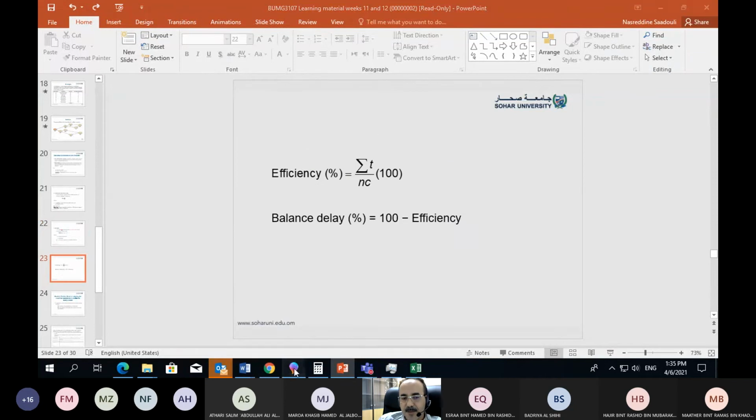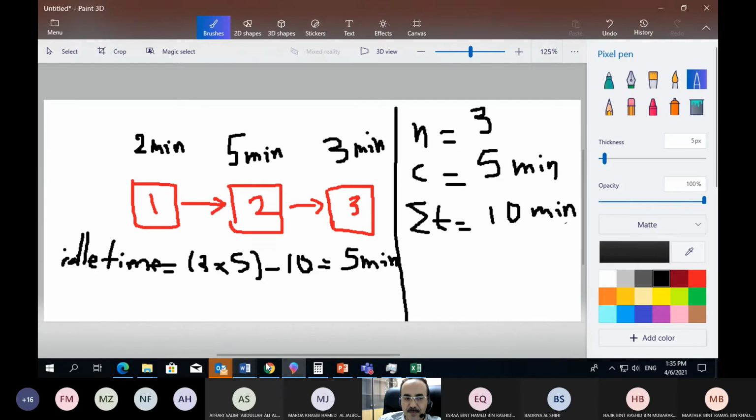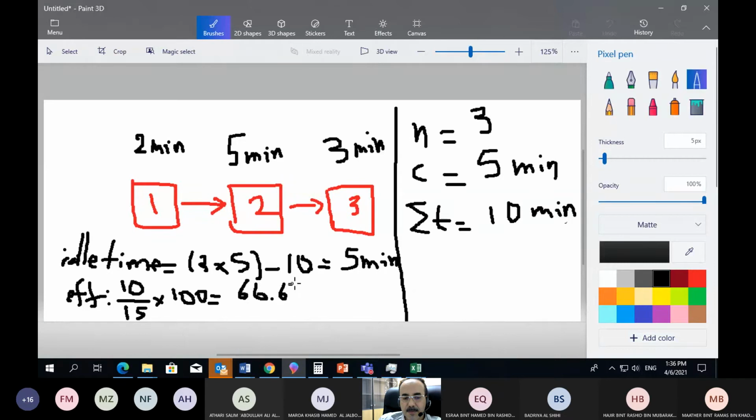The efficiency is the efficiency of the system. Using the values that we have in my example, it's the sum, which is 10, divided by n times c, which is 15, times 100. So this is 66.67%.